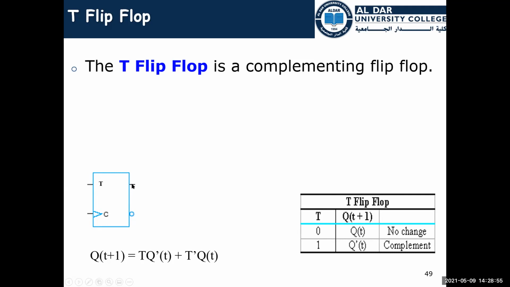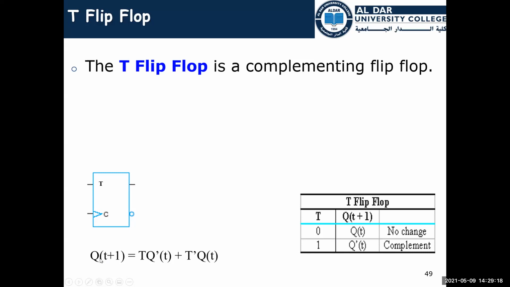If it is 1, it remains 1. If it is 0, it stays 0. But if T is changed to 1, this is going to flip the previous state. So if the previous state is 1, it is going to be 0. If it's 0, it is going to be 1. This is the characteristic table of the T flip-flop, the same as the JK flip-flop but with just two entries.